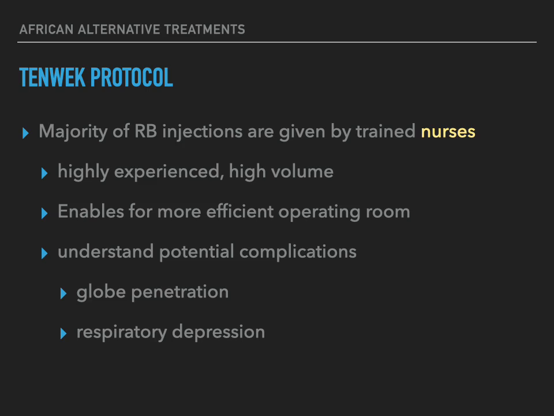Similar to our intravitreal injections, the majority of retrobulbar injections are given by our trained nurses. They are highly experienced and they do a high volume of injections. This enables us to have a more efficiently run operating room. And the nurses understand the potential complications, including globe penetration and respiratory depression.